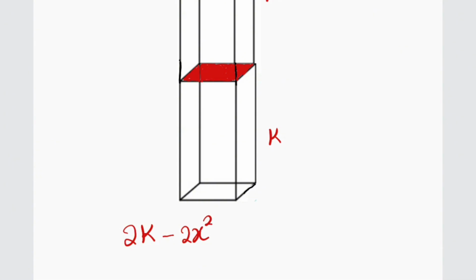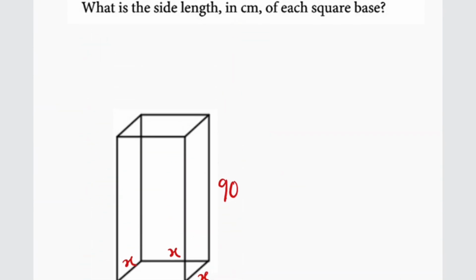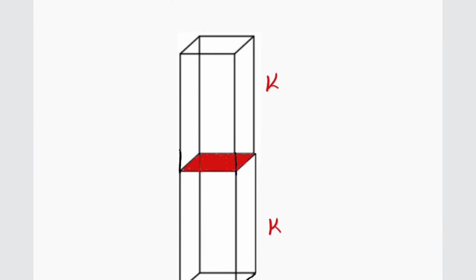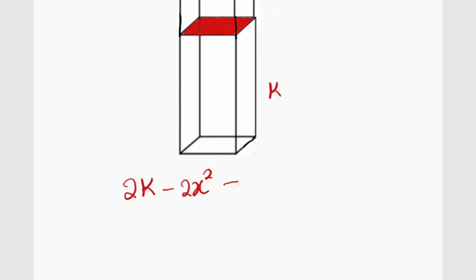This is now the surface area. And they told us that the resulting prism has a surface area of 92 divided by 47 k.